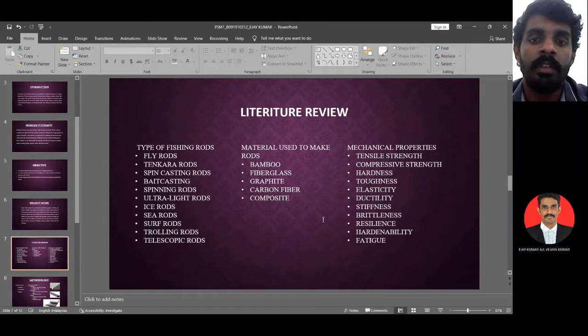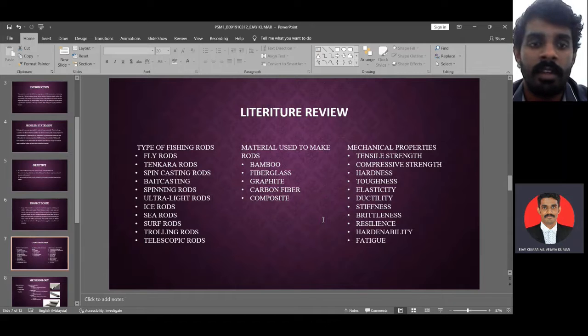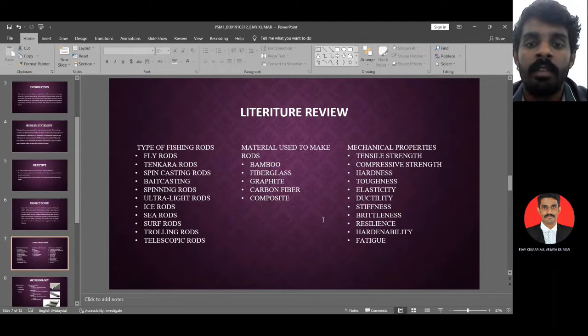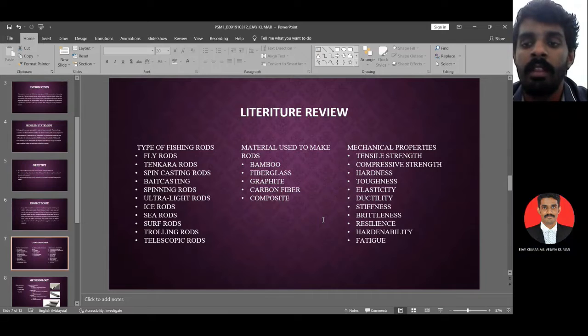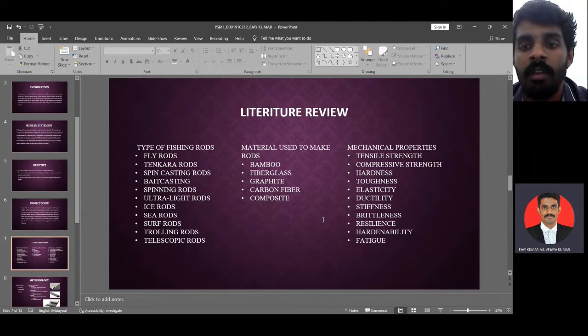Literature review. These are my findings for my research. First of all, I start with type of fishing rod. There are many types of fishing rod, and the second is materials used to make rod. The most common material used are bamboo, fiberglass, graphite, carbon fiber, and composite. And the third research is about mechanical properties.